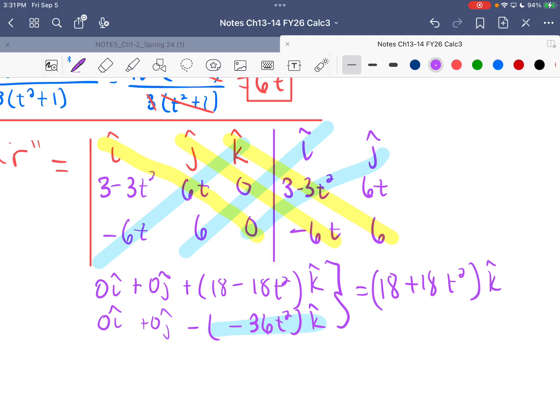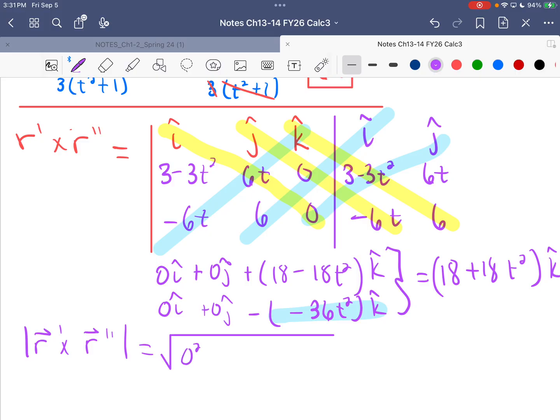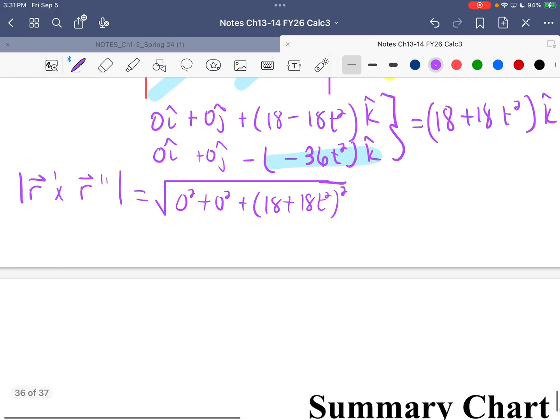What do you think the magnitude of this is going to be? The same thing, but without the k. Right? Because you're taking the magnitude of 0 squared plus 0 squared plus 18 plus 18t squared, squared. So really the only thing doing anything is that k component. It's all being squared and then square rooted, so they cancel each other out, and you're left with 18 plus 18t squared.